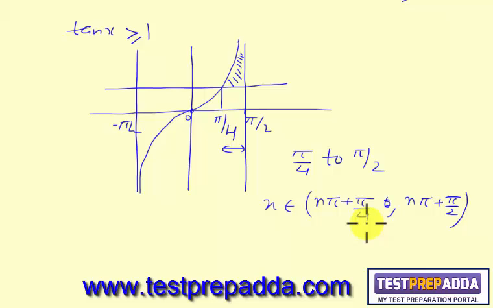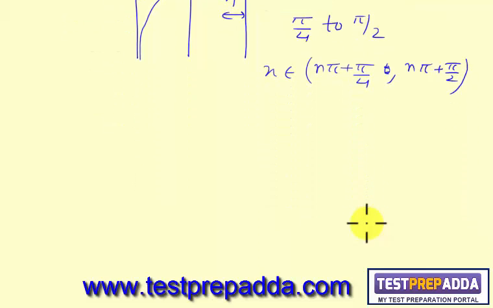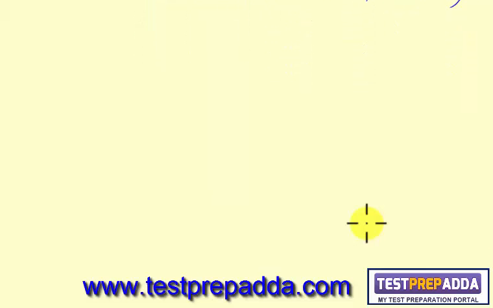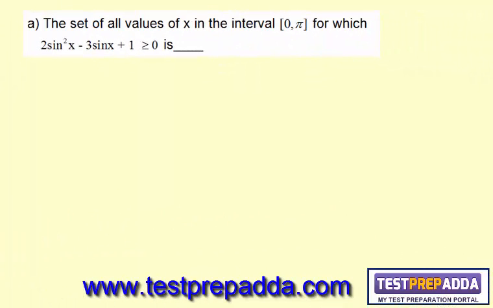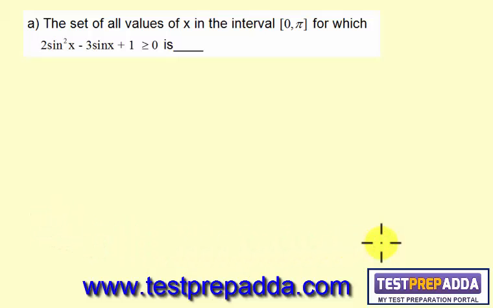Okay, now to understand trigonometric inequations in a better manner, I will take a few questions here. The question says: the set of all values of x in the interval 0 to pi for which 2 sine square x minus 3 sine x plus 1 greater than or equal to 0 is.